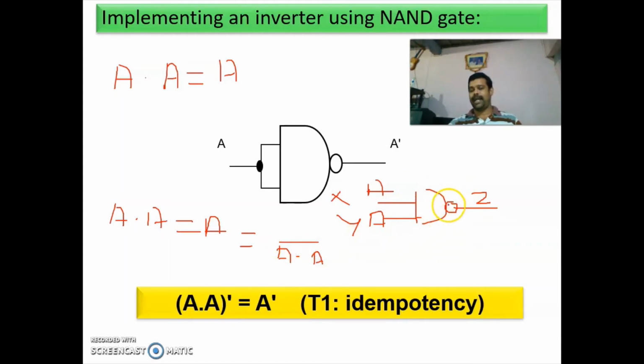Since this is NAND gate, the output is A into A the whole bar. But A into A is A. So you are getting A bar. So we are giving A to both the inputs of NAND gate and you are getting A bar. So we have implemented NOT gate by using NAND gate. Only thing is for both the inputs we are providing the A.